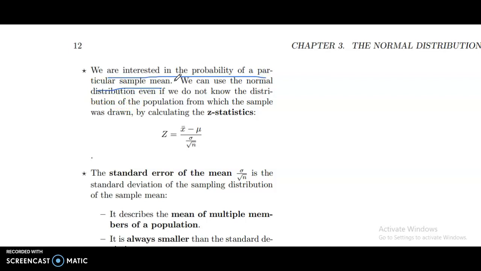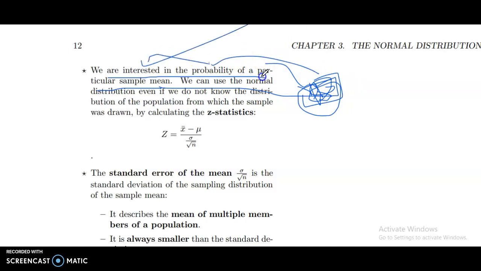We can use the normal distribution even if we do not know the distribution of the population from which the sample was drawn, by calculating the Z-statistic.